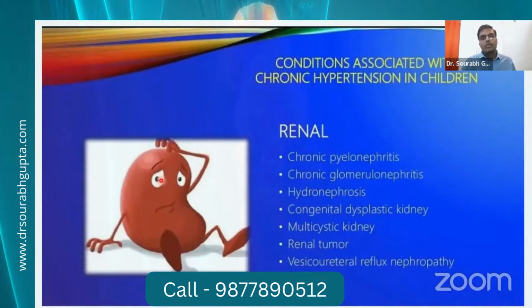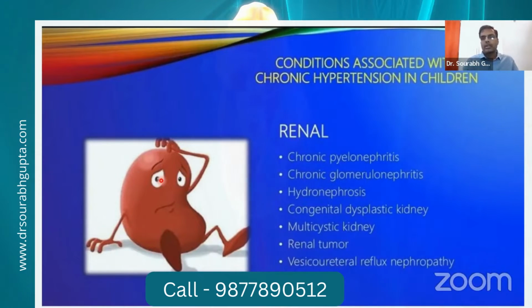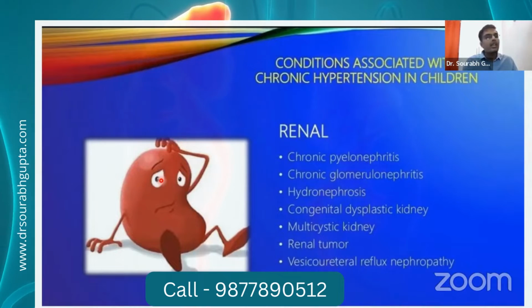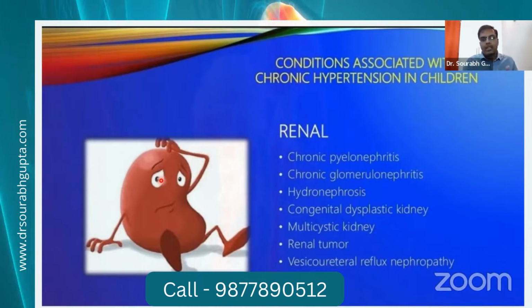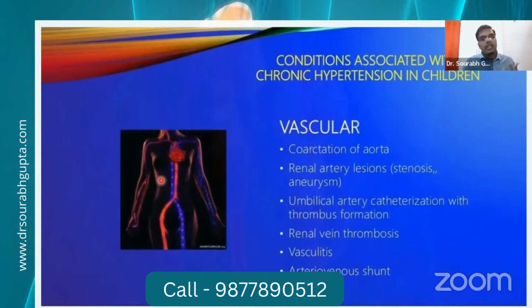In chronic hypertension, the most common cause is renal parenchymal disease like chronic glomerulonephritis, chronic pyelonephritis, VUR, dysplastic kidney, multicystic kidney, ADPKD, ARPKD, and similar diseases. Then it could be vascular, like coarctation, and renovascular diseases.